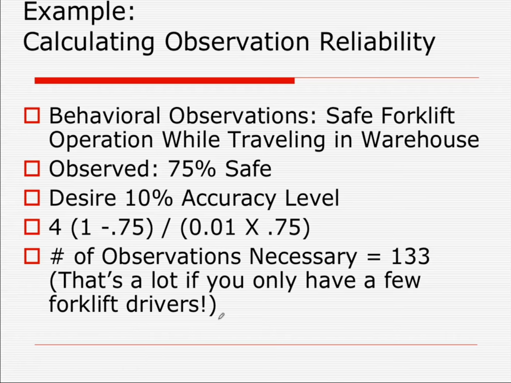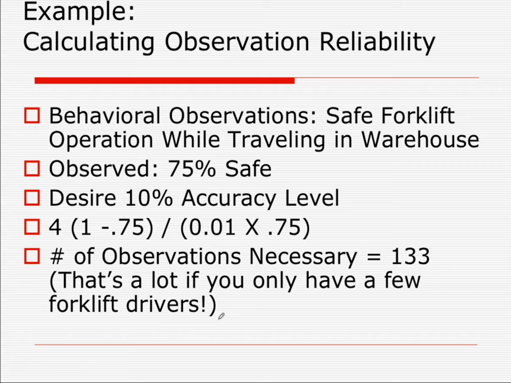I'm going to give you an example. Let's say we are wanting to find out what's the reliability of our observations. And the observation is safe forklift operation traveling in a warehouse. And if you've done much with behavioral safety, you know that being precise on the behaviors is critical.